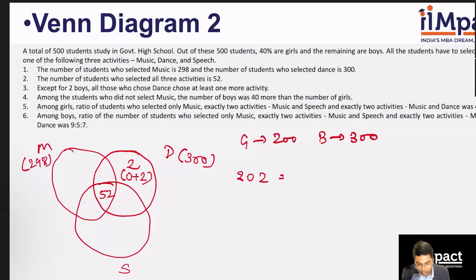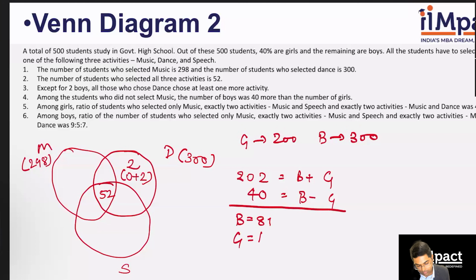202 is total boys plus girls who have not taken music. And I have been given that boys minus girls is equal to 40. So I can subtract this and get boys equal to 81 and girls equal to, sorry, 81 now. 202.